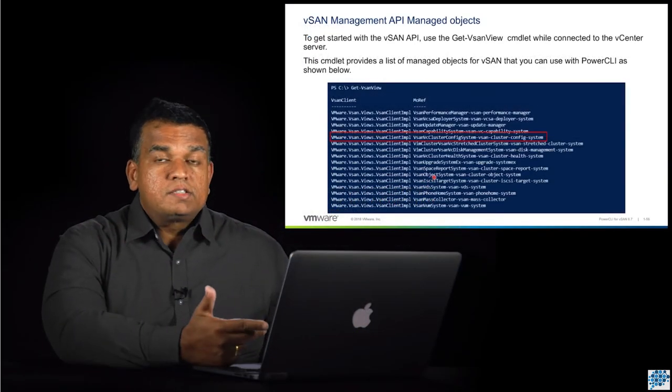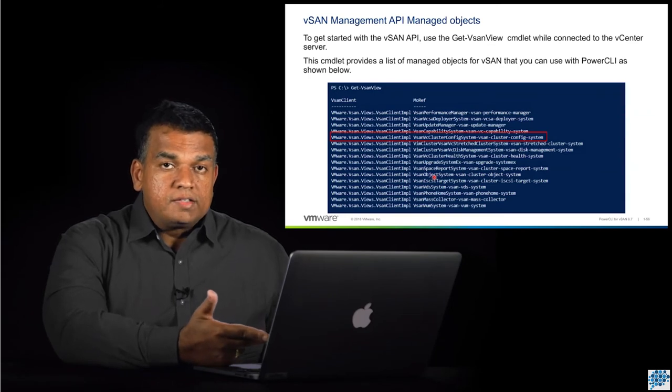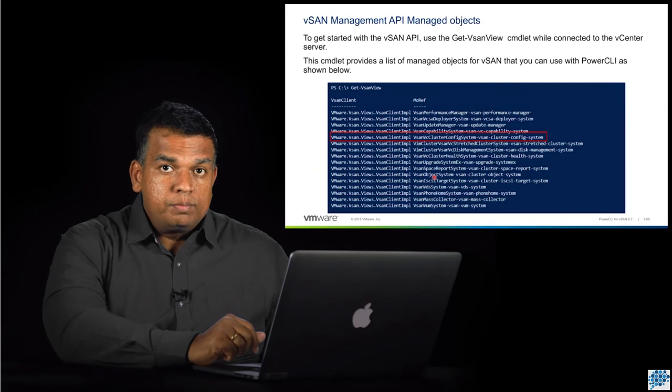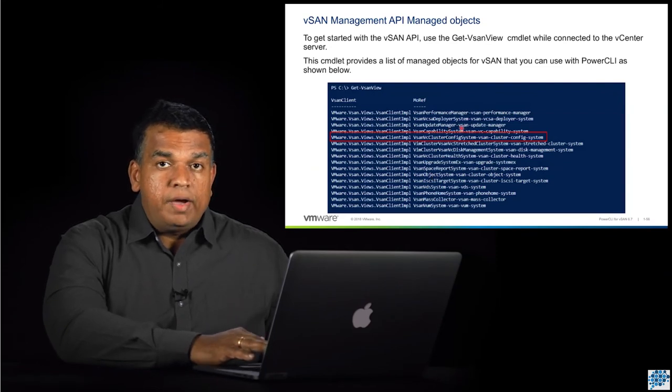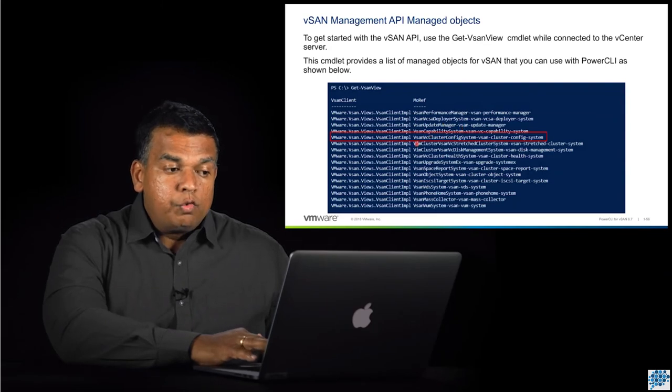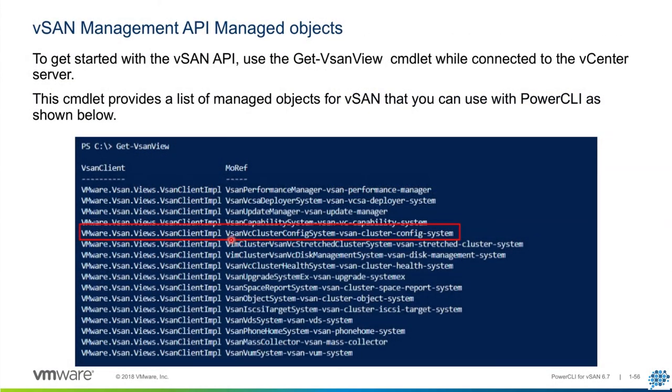For this particular exercise, or for this video, I'm going to focus on one of these managed objects, which is basically handling the configuration of the vSAN cluster. I'm going to focus on the managed object called the vSAN VC cluster configuration system, vsan-cluster-config-system.